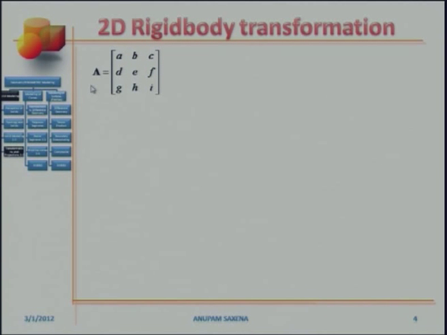We had this matrix A, if you remember, which had 9 elements: A, B, C, D, E, F, G, H, and I. This was a 3 by 3 matrix that represented a generic two-dimensional transformation.